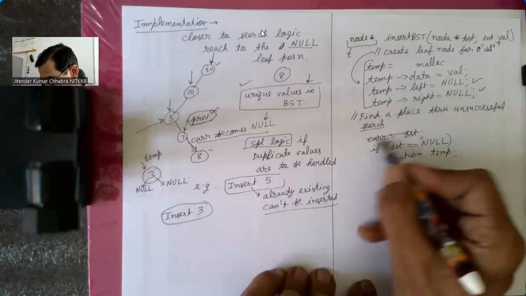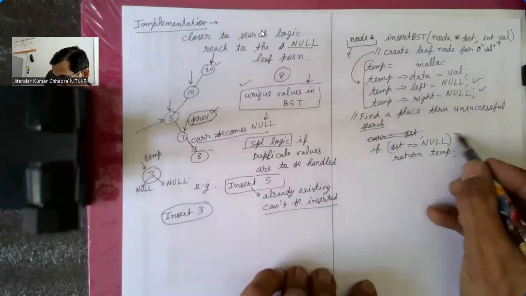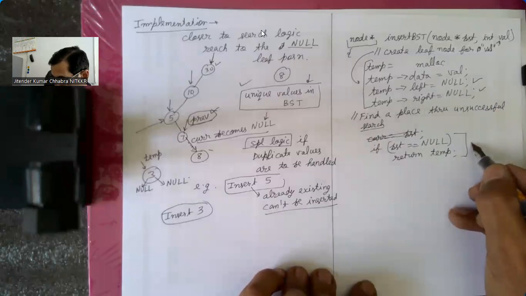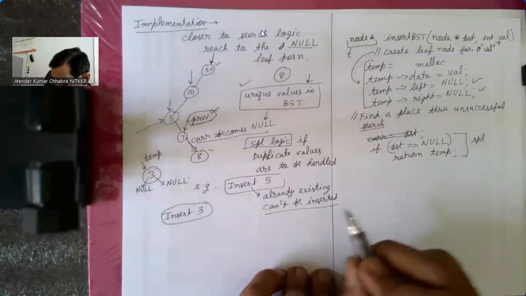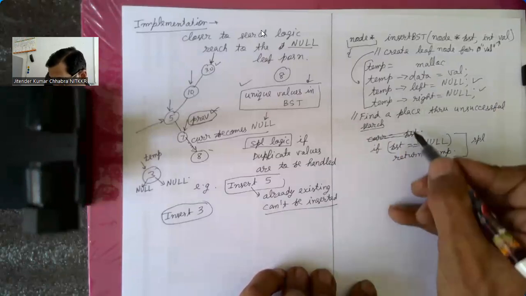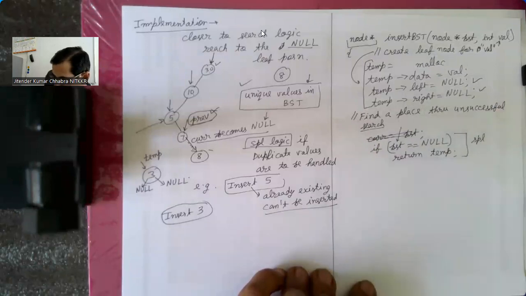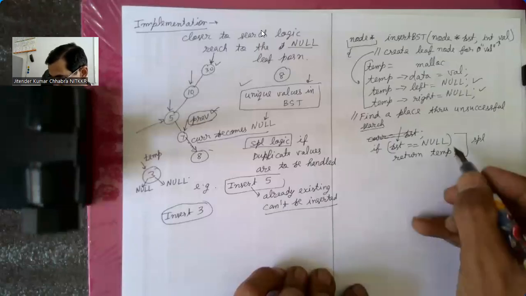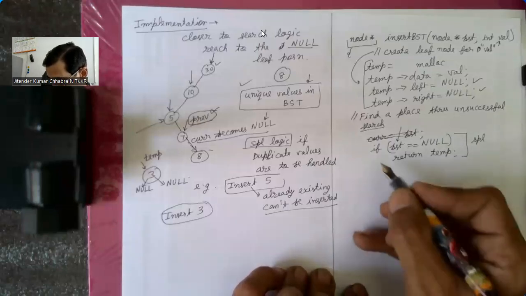Even if I don't write this statement, this is a special situation and it will handle that. After this, the BST or root pointer will never change. Once root is frozen, it will never change because all values will be inserted accordingly. So BST null, return temp.